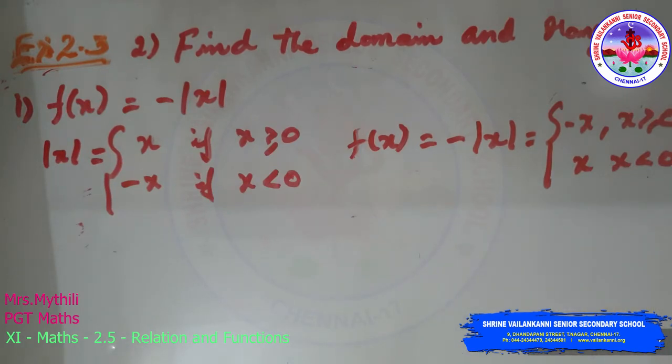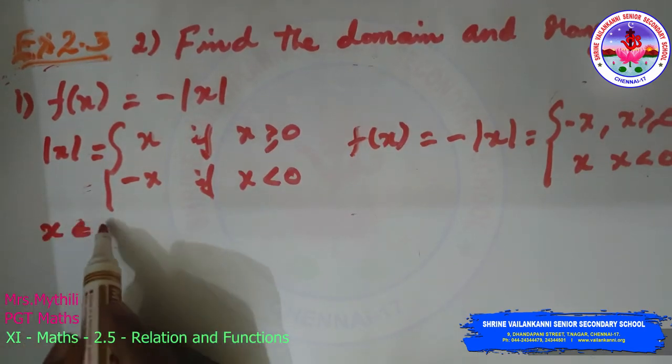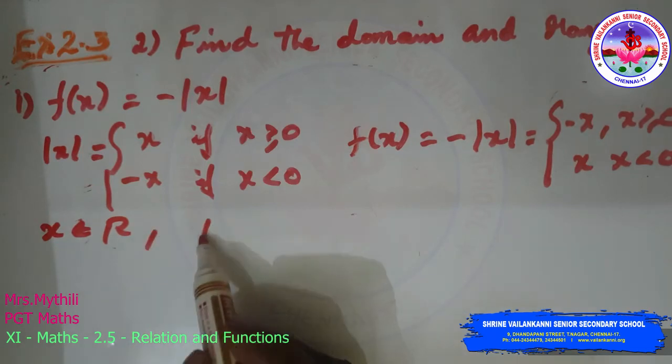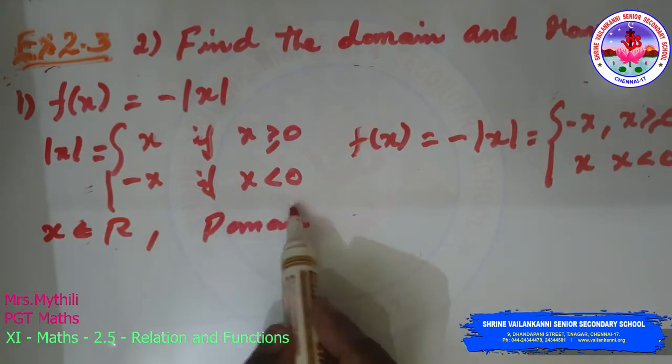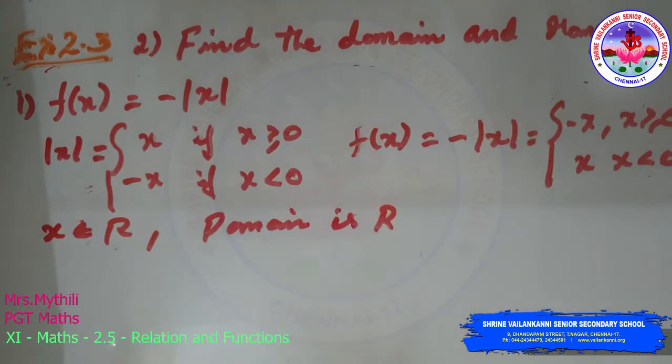Since f(x) is defined for all x belonging to R, the domain of f is R, that is, real numbers. For all real values of x, the value of modulus x always remains positive.